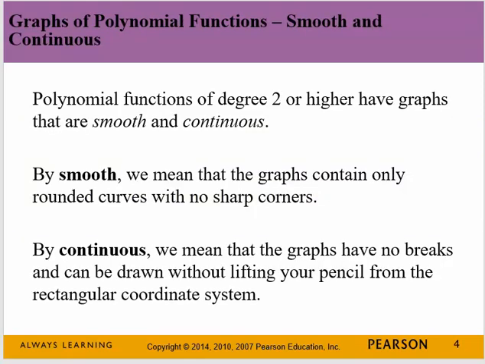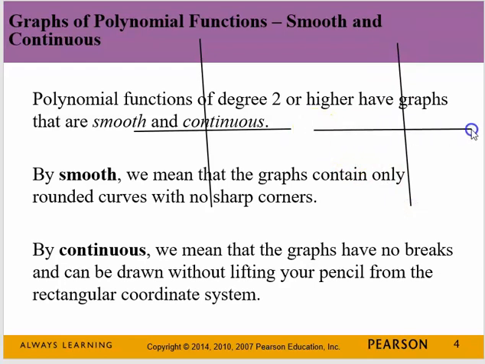All right, graphs of polynomial functions. Now, as you look at various functions, let me make a couple of graphs here. This is the standard background of a graph. And I think visualizing this really helps here.